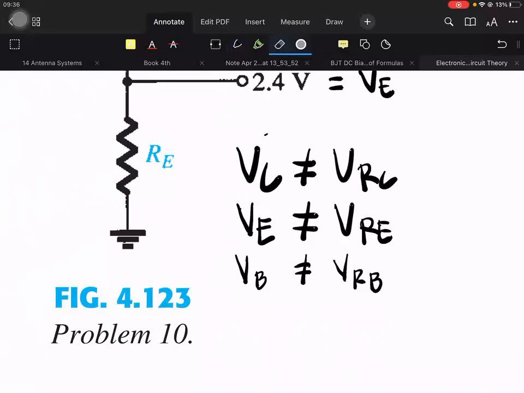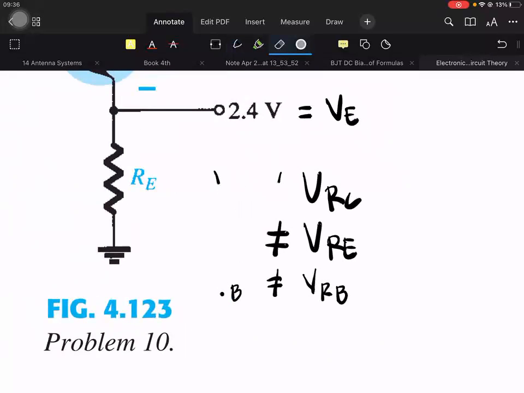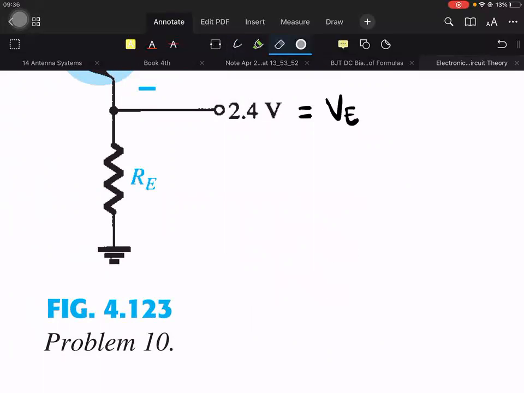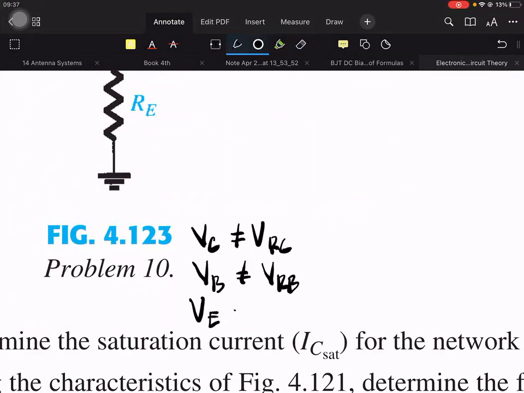So there is a difference. To summarize: VC is not equal to VRC, VB is not equal to VRB, and VE is not always equal to VRE.